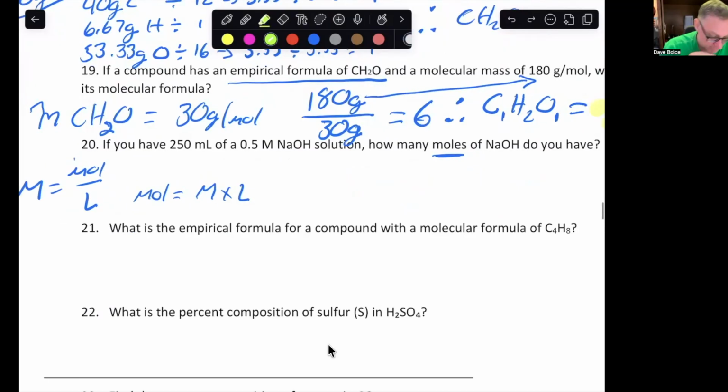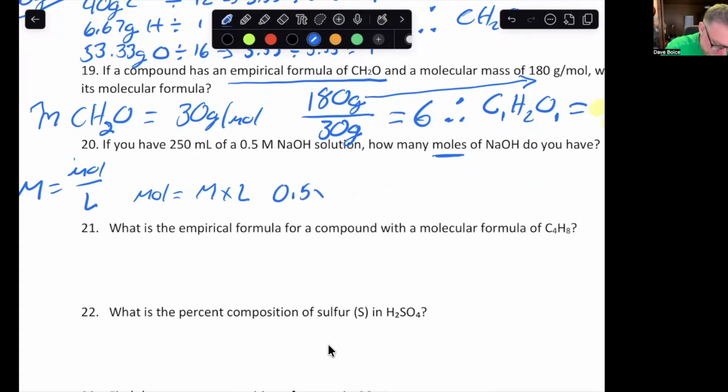Now I have my molarity, my M, so I'm going to plug that into my new formula. 0.5 times, and remember this must be in liters, not milliliters, and there's 1,000 milliliters per liter, so 0.25. That's my molarity, and that's my liters.